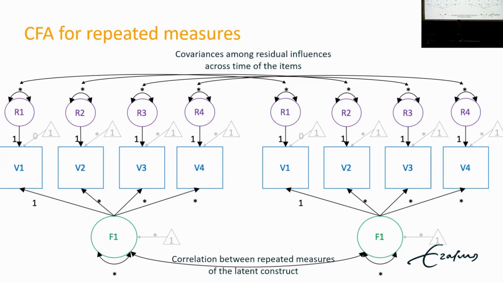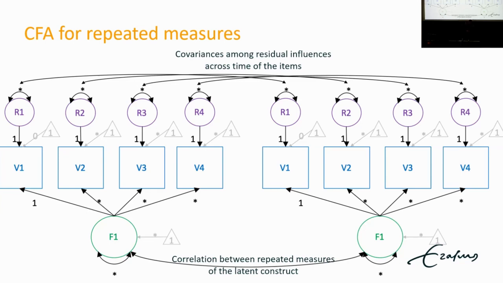And then rather than having a multi-group confirmatory factor model, we need to specify the dependencies across the repeated measures, so to say, because true depression levels can be related across time, right? The pre-test level and the post-test level. So we allow for a correlation between the time points for the latent construct.